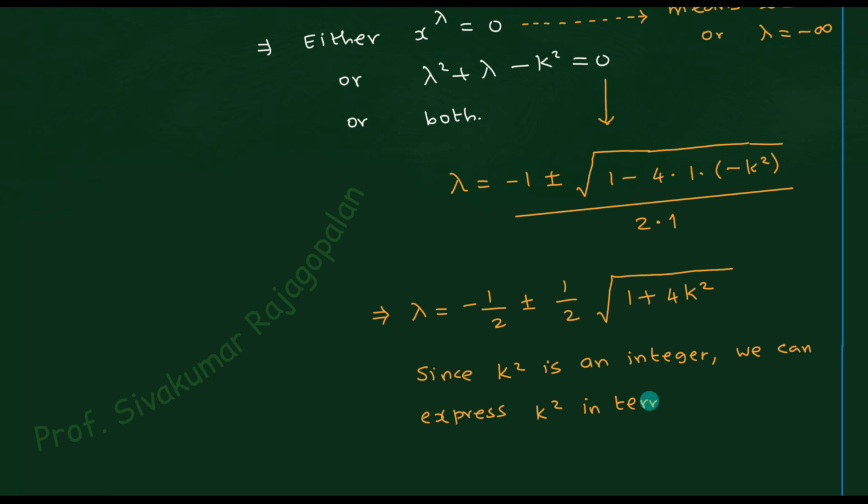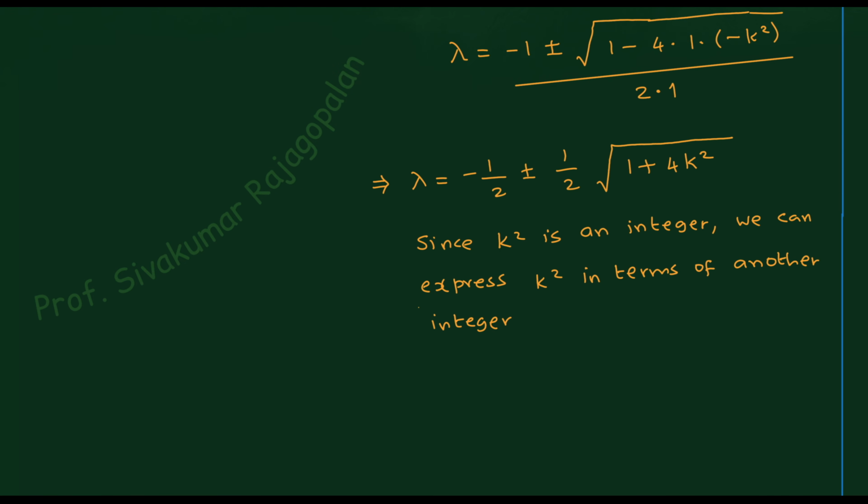The purpose of expressing it in terms of another integer is that I want to write 1 plus 4k square as something to the power 2.